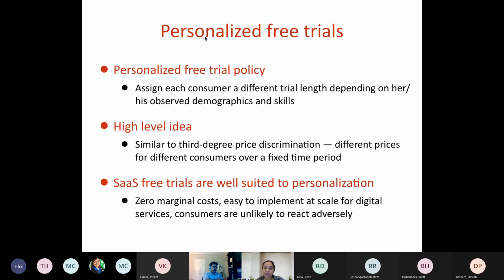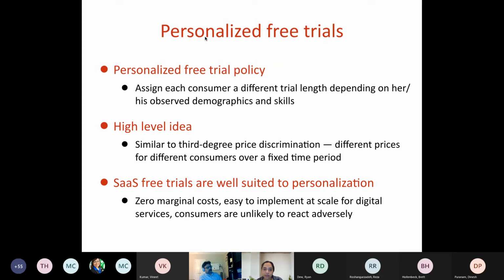However, just giving them different prices is a little more challenging. People might react negatively to that. Whereas by giving it as a free trial, it might actually be easier to implement. In fact, I think free trial promotions are one of the things which are most easy to personalize without any adverse reactions from customers.